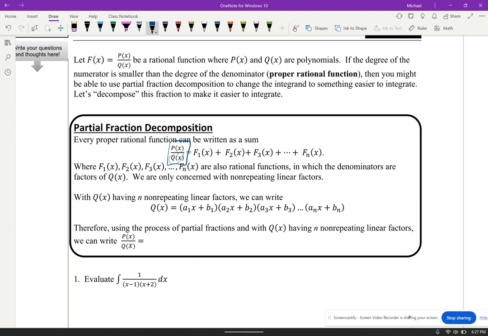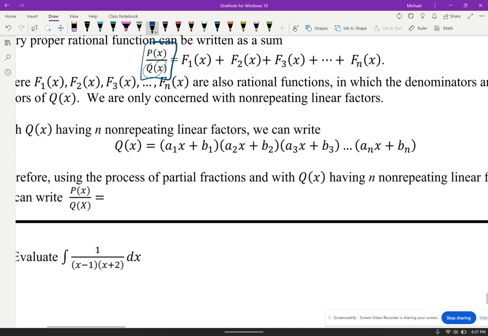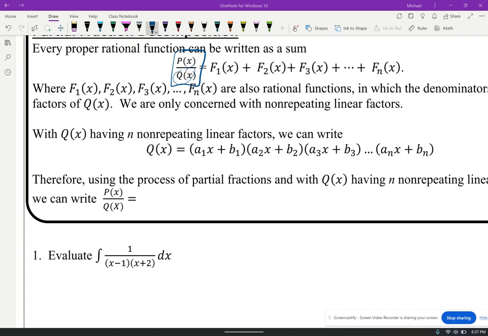So if I can factor Q of x into linear factors, I can write this out as A over the first factor, plus B over the second factor, plus C over the third factor, and so on and so forth, plus dot dot dot, and we'll just say N over a sub n of x plus b sub n.